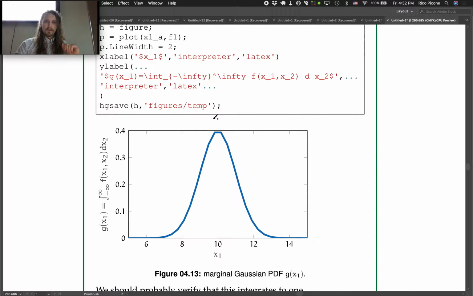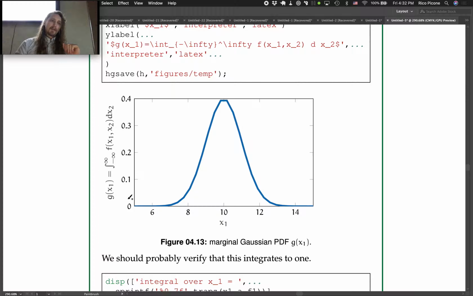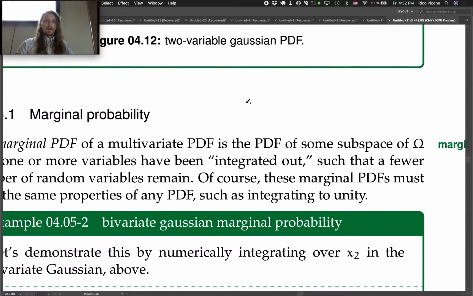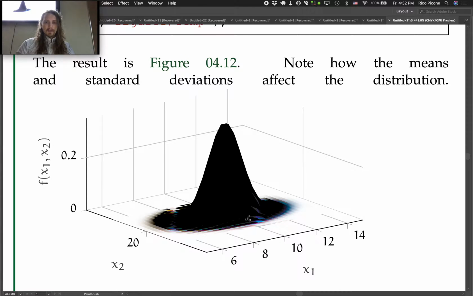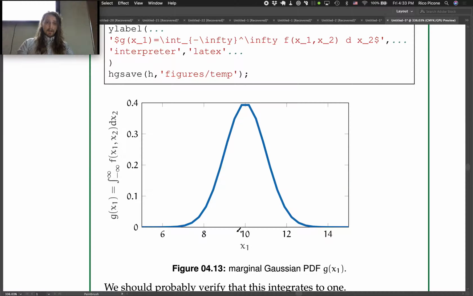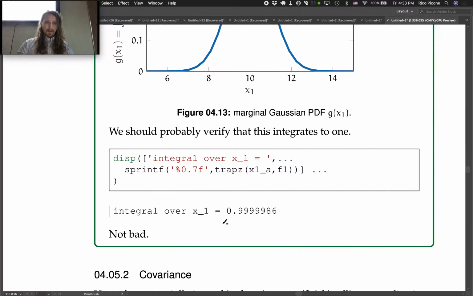I probably should have taken more points, but this is the marginal Gaussian PDF, which looks like this, which has the mean. This is x1. So remember, x1 is this variable, x2 is this one. So we integrated over x2, and we got just a variable in x1 that remains. That's our marginal PDF.